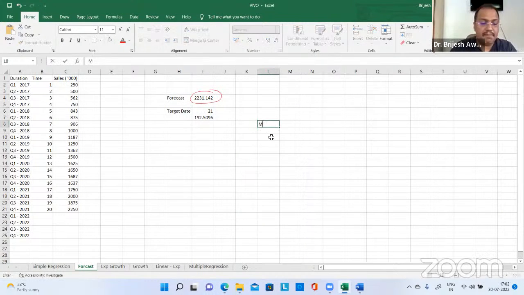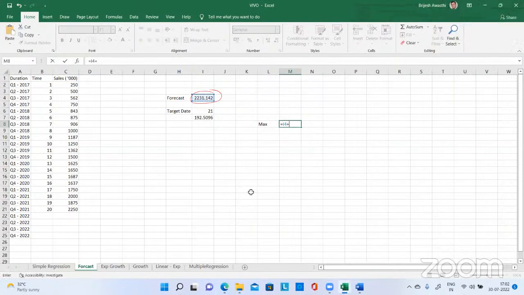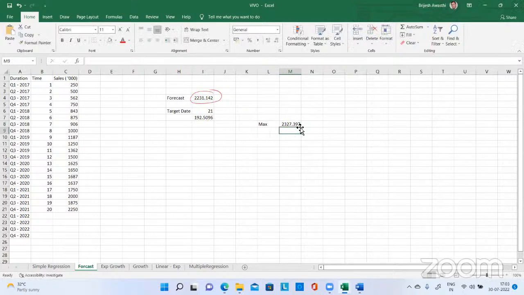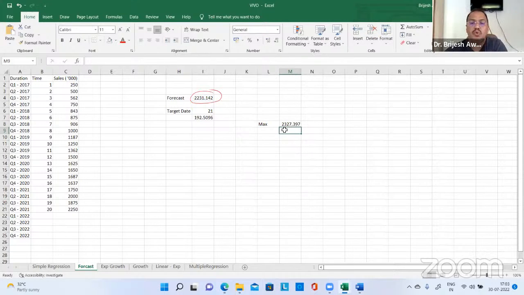And what will be the expected maximum sale? That is 2231 plus this divided by 2. Why divided by 2? Because it is the difference of the upper limit and lower limit. So the maximum sale will be 2327.